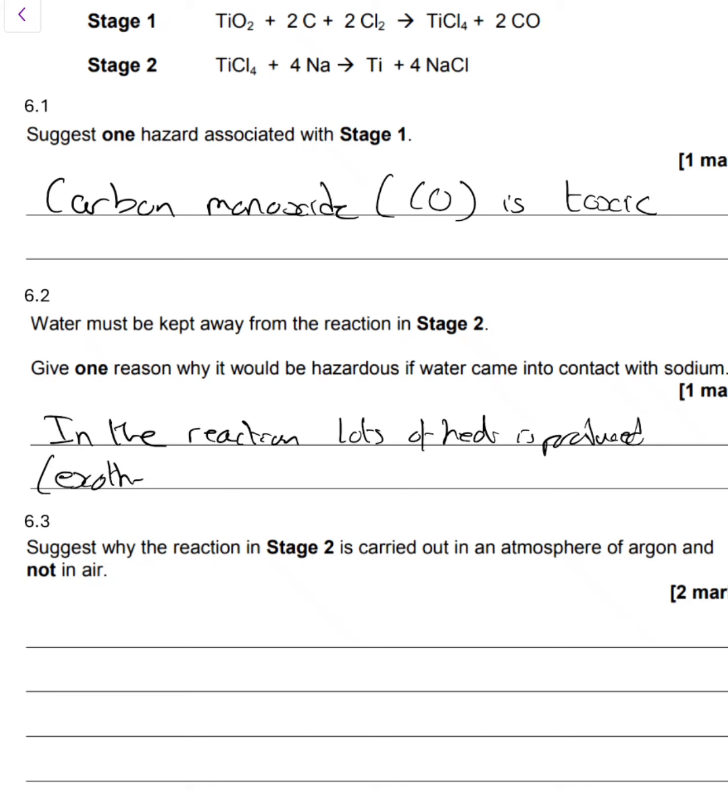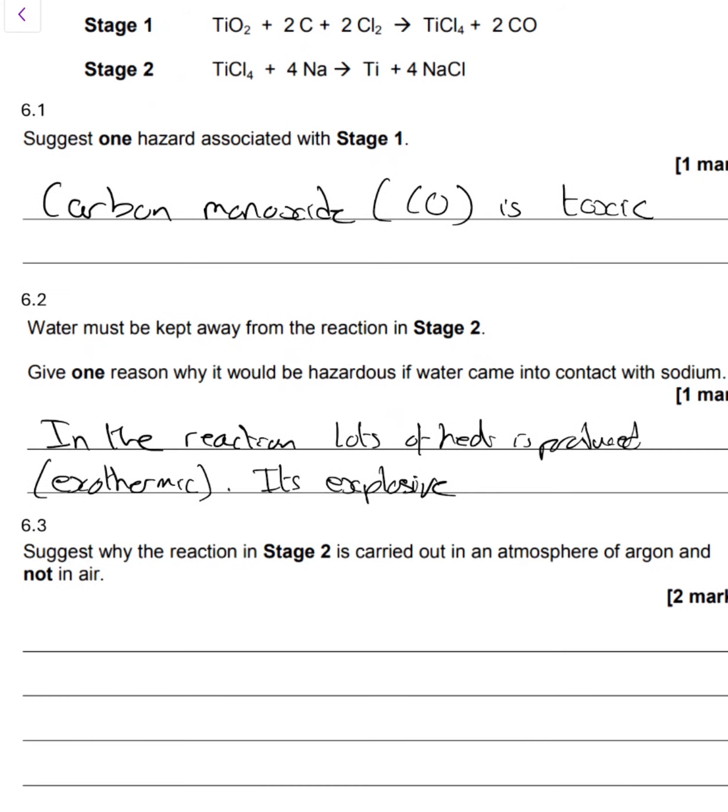That gets you the mark. Saying just lots of heat gets produced actually doesn't get you the mark, but saying it's exothermic does. You could also say it's explosive, or you could say or causes a fire or ignition.